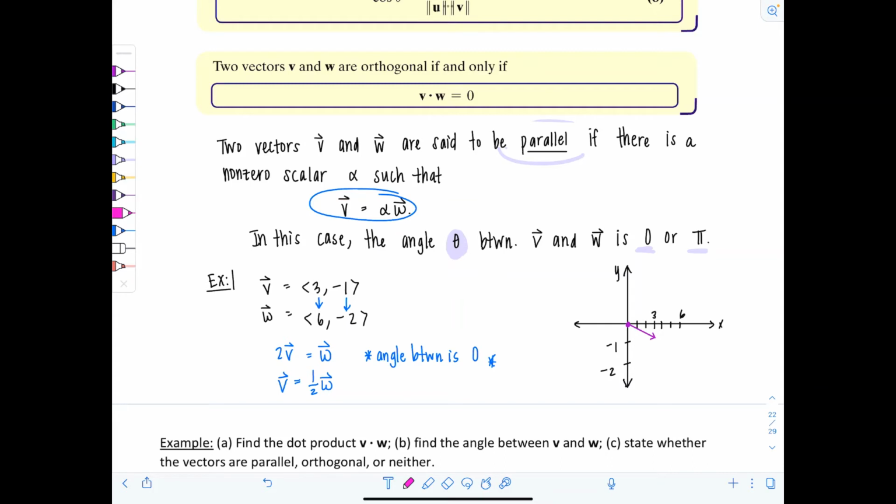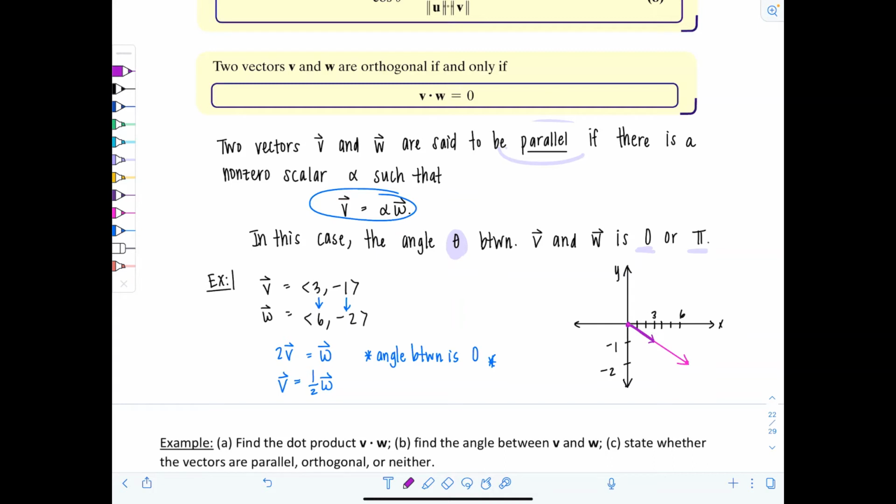And then 6, -2 would just extend further, same direction. I want it to look better. This 3, -1 should go just a wee bit lower, shouldn't it? Okay, let me draw 6, -2 first. Oh, lovely. There's 6, -2. Here's 3, -1. Bam. So notice w is just double vector v, and they're pointing in the same direction.